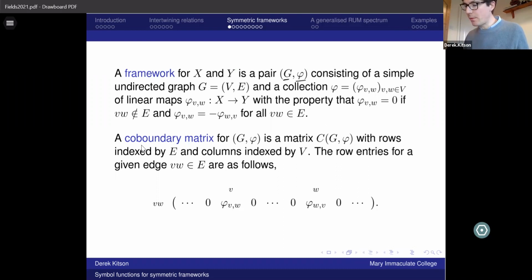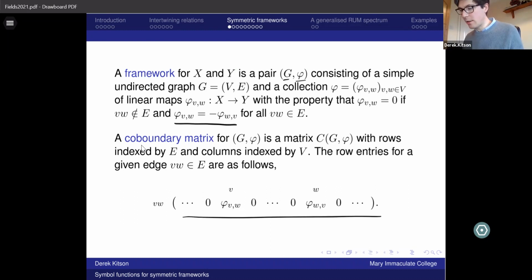So in particular, phi is a collection of linear maps from our space X to Y, which satisfy this little property. So you can think of this as the linear map where you take the dot product with PV minus PW, and that's the standard Euclidean setting, but it needn't be that. A co-boundary matrix is just a more abstract rigidity matrix. It has the same structure.